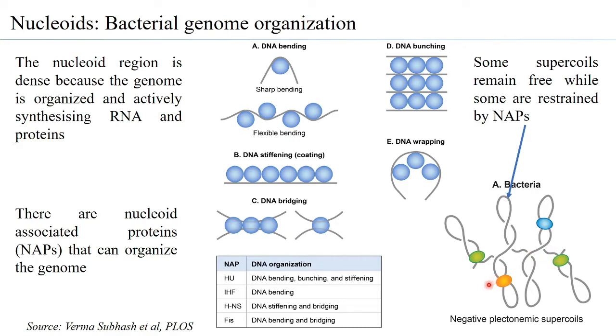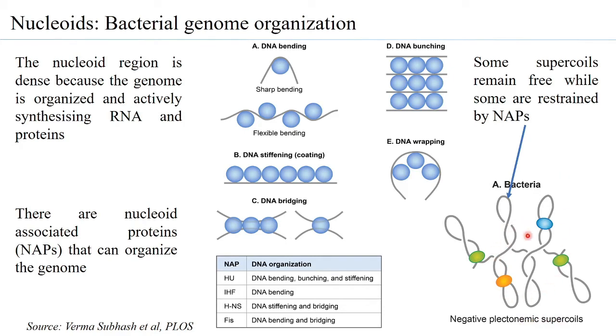Now, interestingly, what is also observed is that most of the supercoils are considered to be negative supercoils. Whether the supercoiling is positive or negative depends on the direction in which it has coiled. If the coiling is towards the right, then it is positive supercoiling.